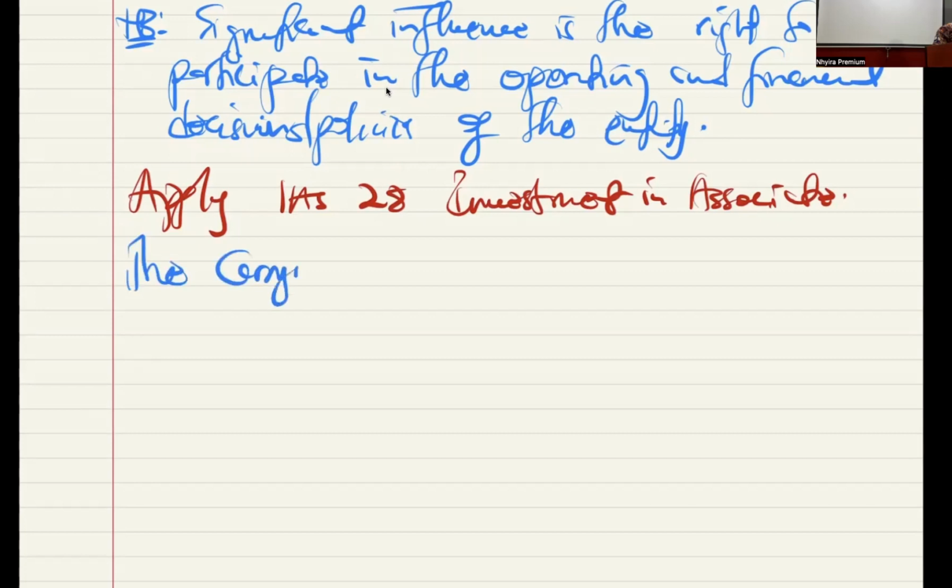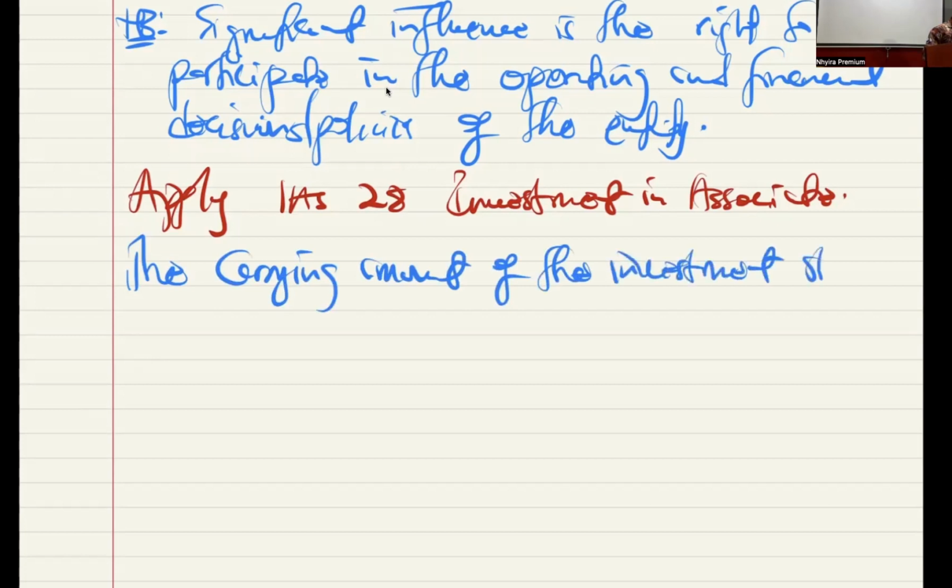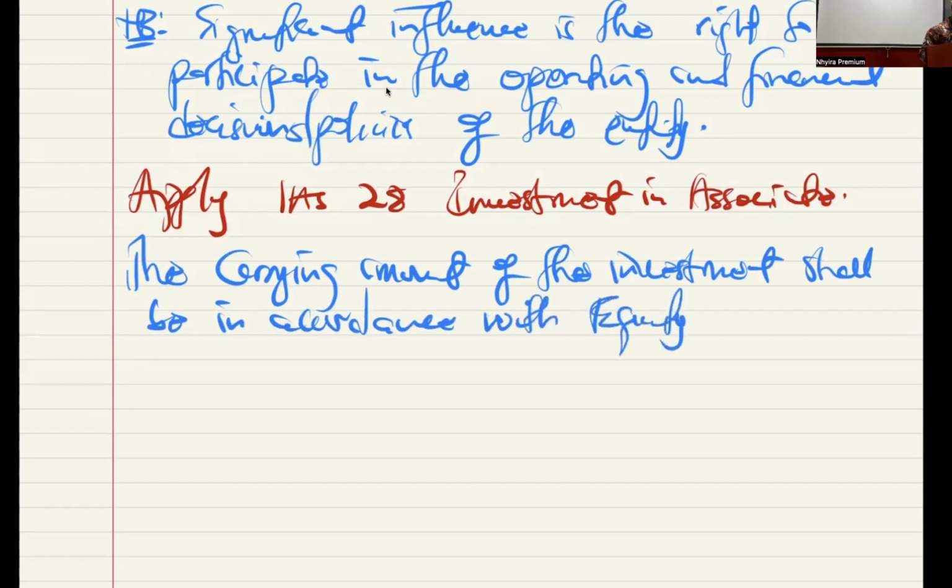So here, the carrying amount of the investment shall be in accordance with equity accounting as per IAS 28.